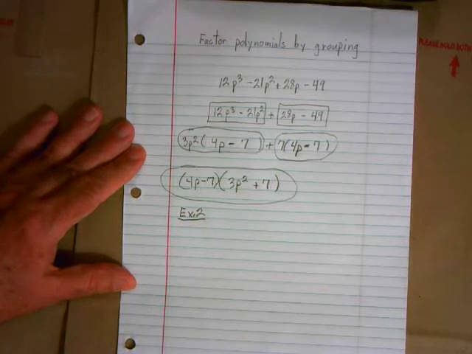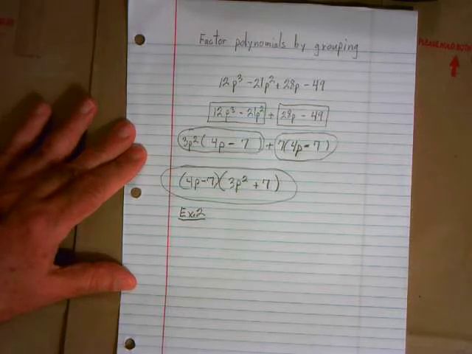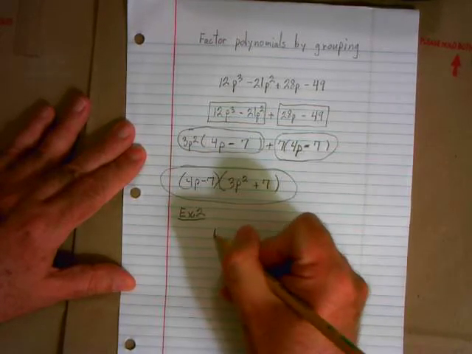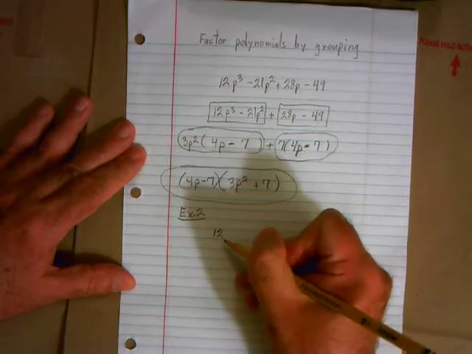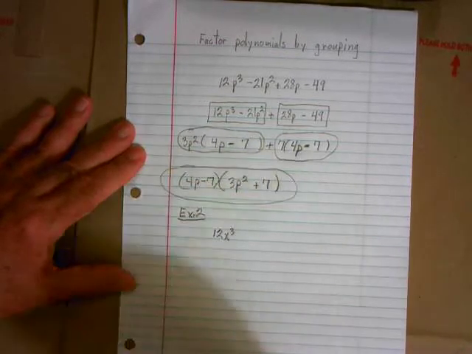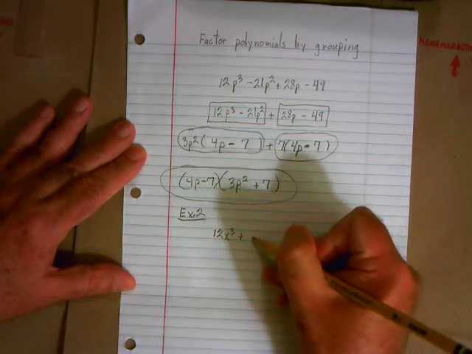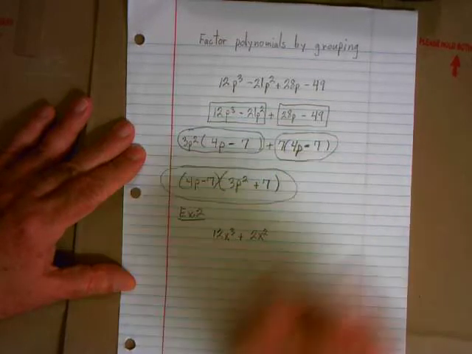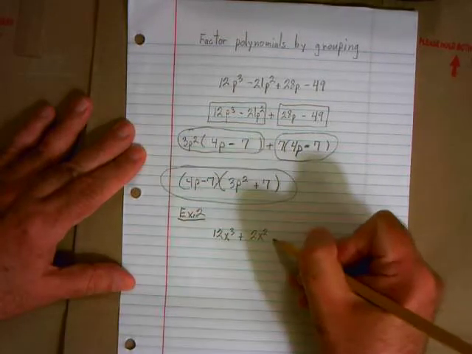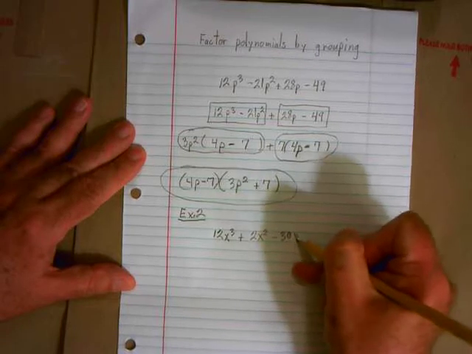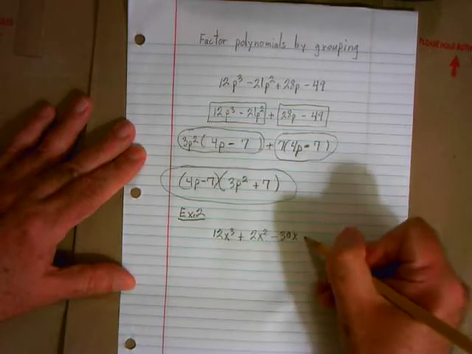The idea is the same. But take a look at this piece. If we have 12x cubed plus 2x squared minus 30x minus 5.